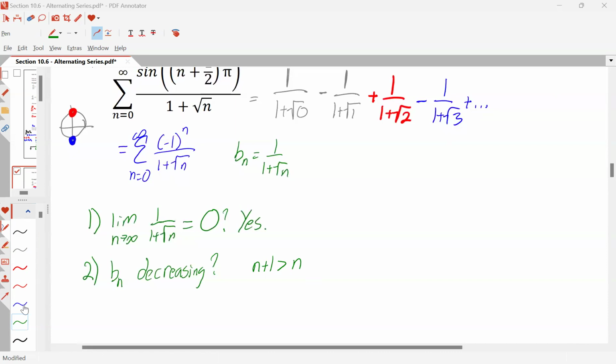And my goal is to make this look like b sub n, which is 1 over 1 plus the square root of n. So step by step, I'm going to make this look like b sub n. And what I do to one side, I'll do to the other. So first, I'm going to take the square root of everything. Square root of n plus 1 is still bigger than the square root of n. All right, square root of 3 is bigger than the square root of 2.